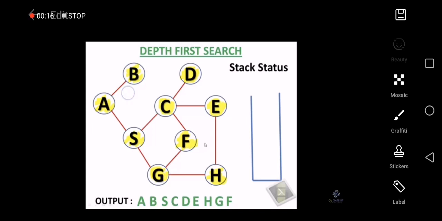Here is an example graph, and here is the stack status, that is to keep track of the vertex that we are going through to link with other vertices, and these are the output, or how the algorithm goes through each of these points.